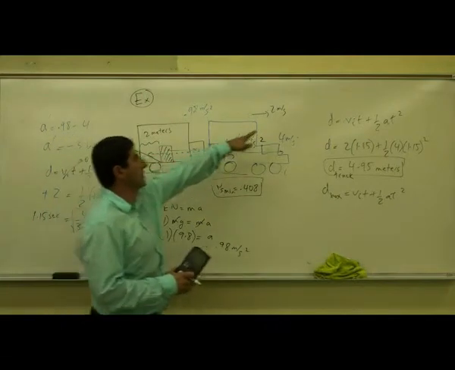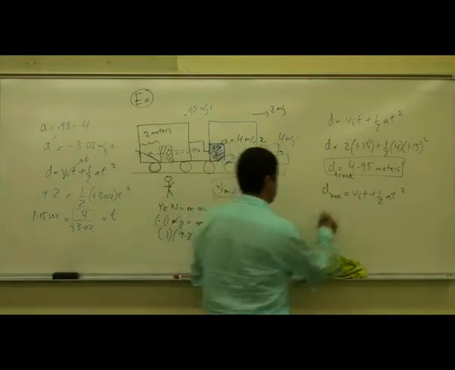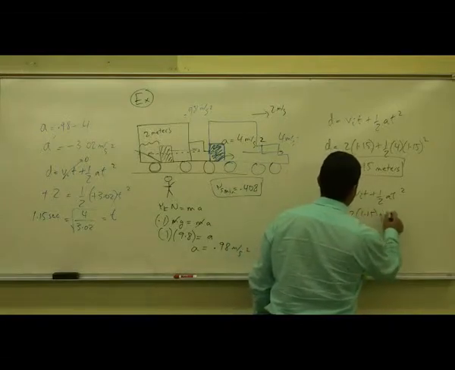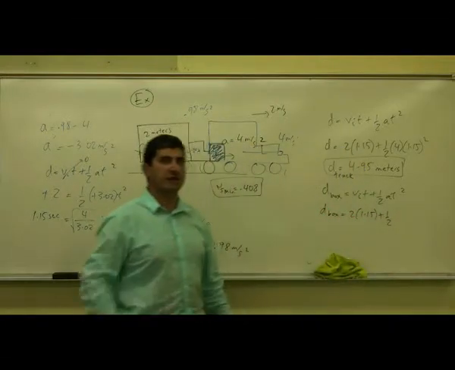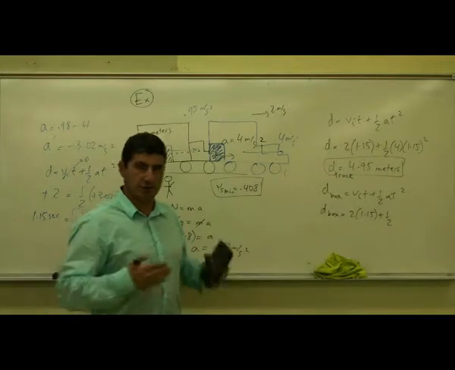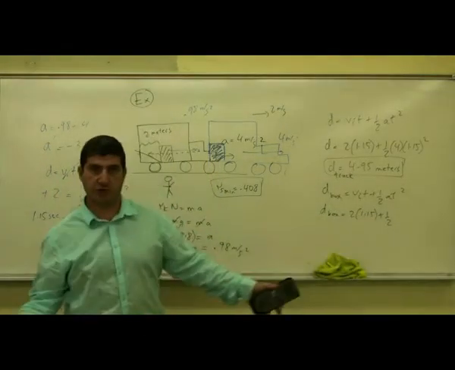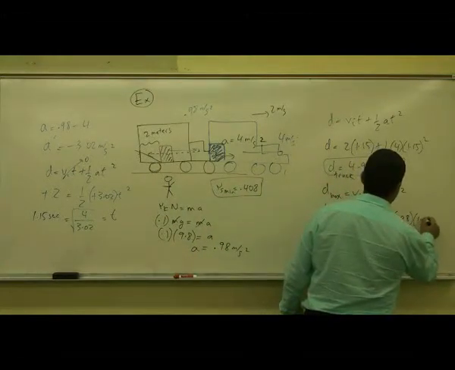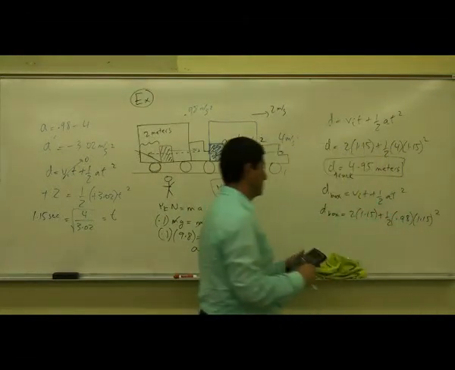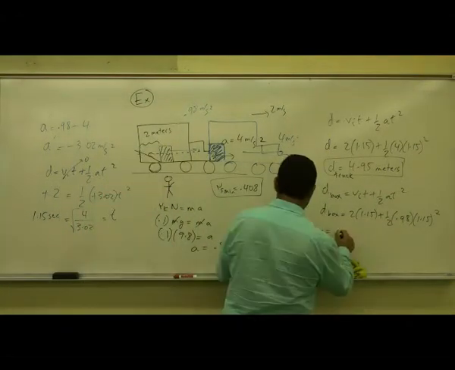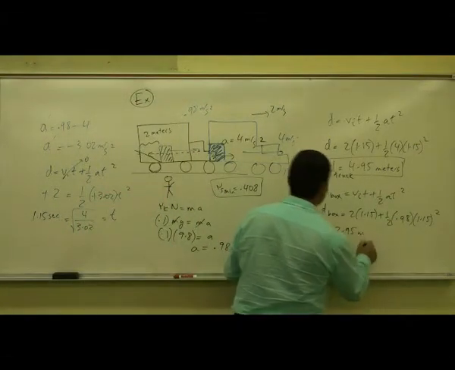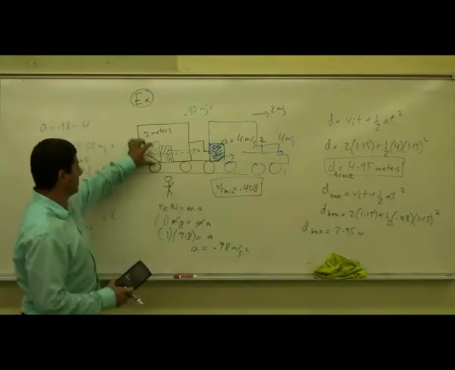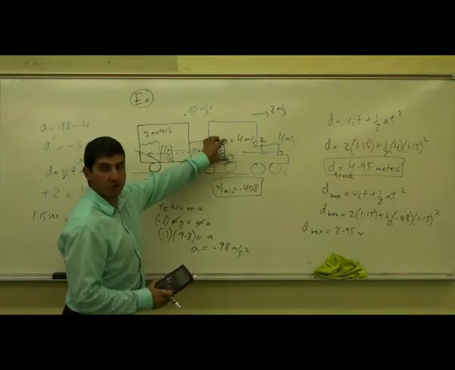The box was also going at 2 meters per second, right? 2 times 1.15 plus half. What was the acceleration of the box, forward with respect to an outside observer? That's 0.98 times 1.15 squared. So that's 2.95 meters. So with respect to an outside observer, the box moved forward 2.95.